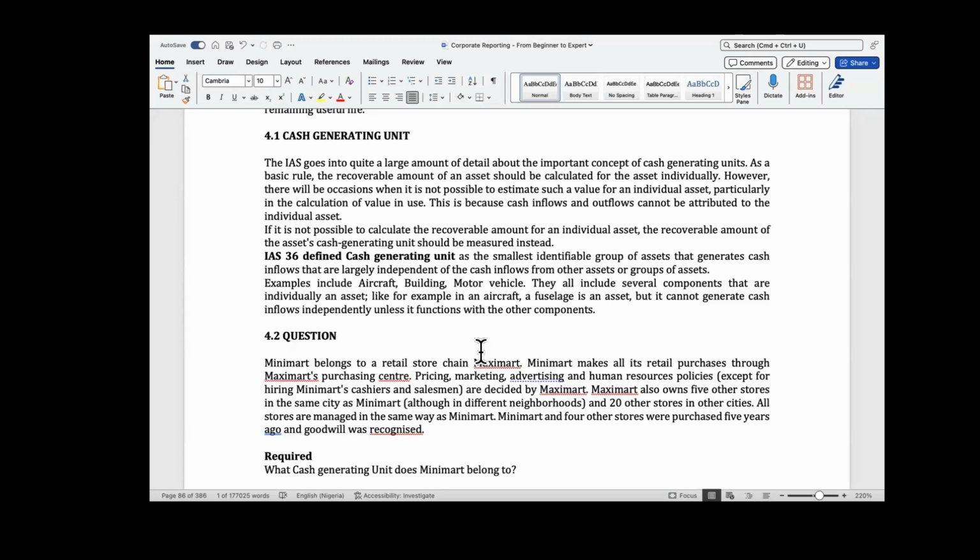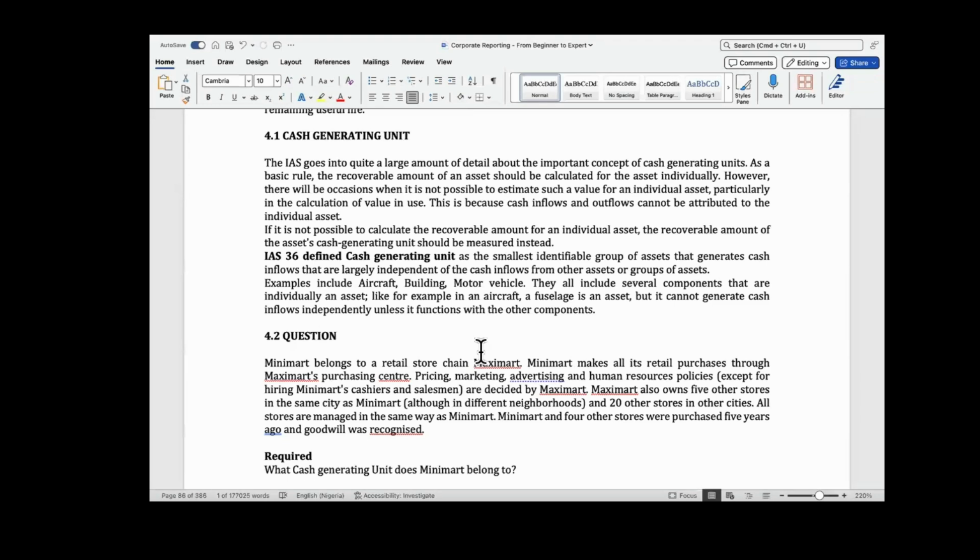The challenge becomes the value in use, which is how much you would make from continuing to use that asset. How would you know how much you would make from continuing to use an air conditioner, except we make assumptions? It is practically difficult.